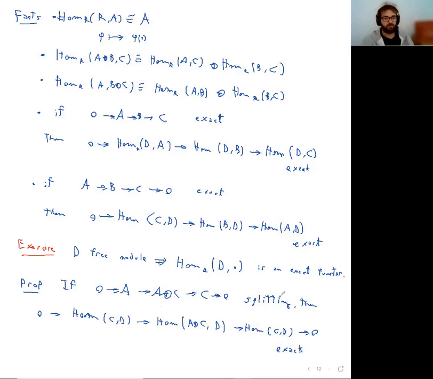So here we're not assuming that D is a free module anymore. We're just saying that the functor hom takes splitting sequences into exact sequences.